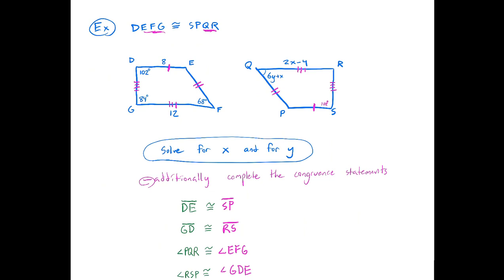Okay, let's fill in a few more. So G matches with the last letter R. So R is 84 degrees. Okay, and then we have this 68 for F. Well, F matches with Q, so this is 68 degrees here. Okay, and then one dash, this side's 8, and three dashes, this side's 12. And I think that's it.